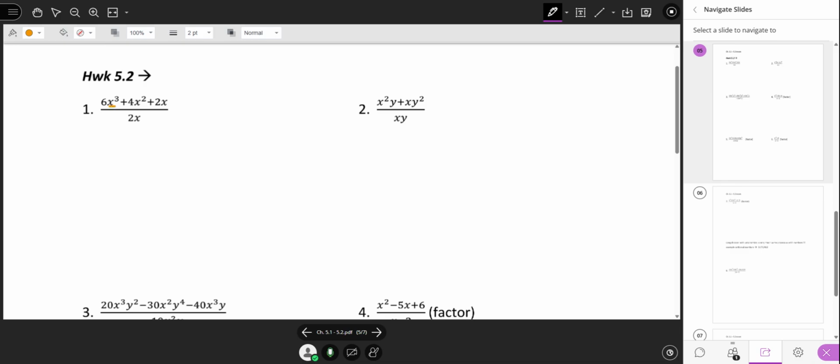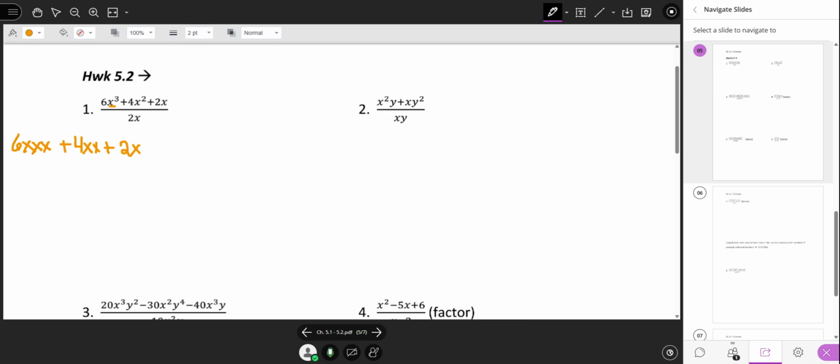Remember, x cubed is x, x, x. So I can do that, and then plus 4 x squared is x times x, plus 2 times x.